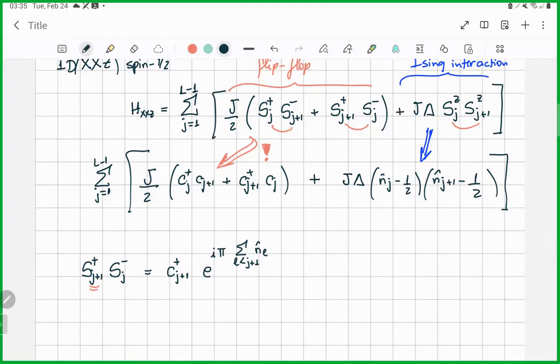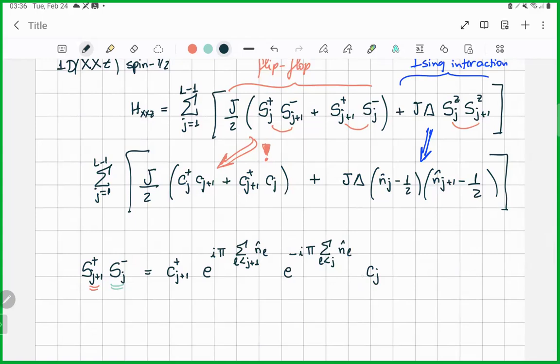And the other term, the lowering operator, involves the annihilation operator, but here we have that whole exponential, the whole sum in the exponential, where this l goes up to j minus 1.